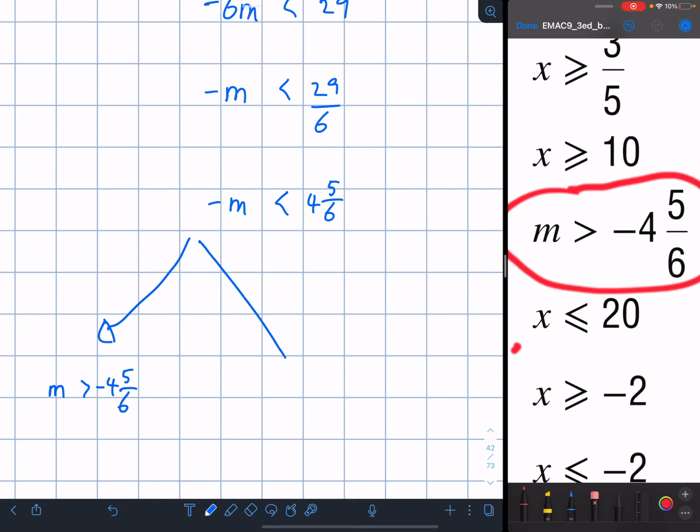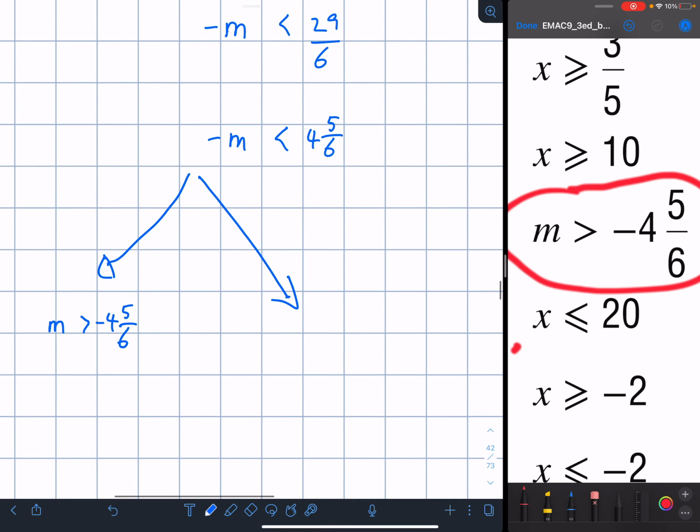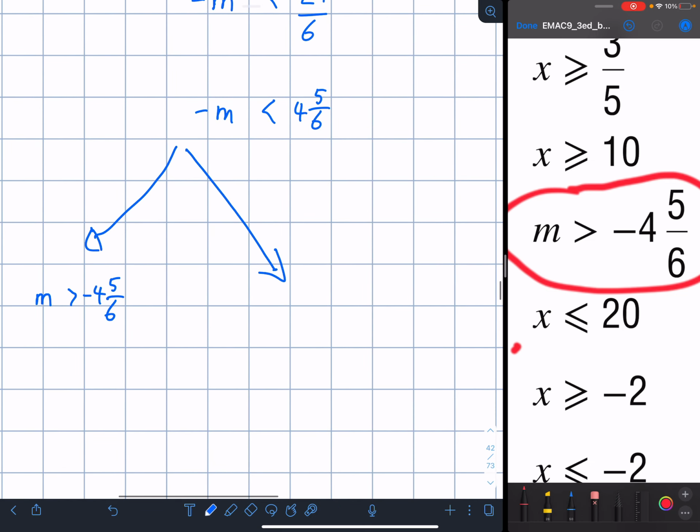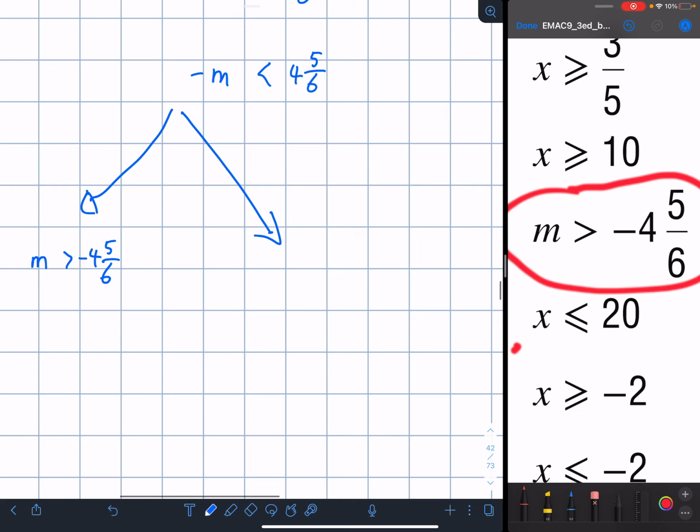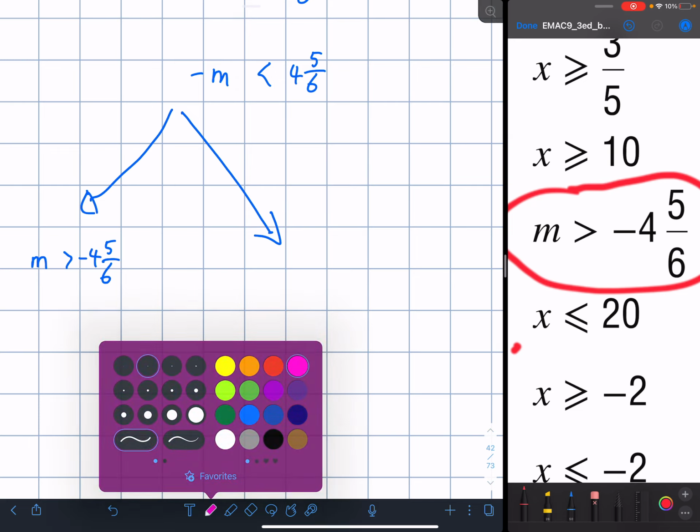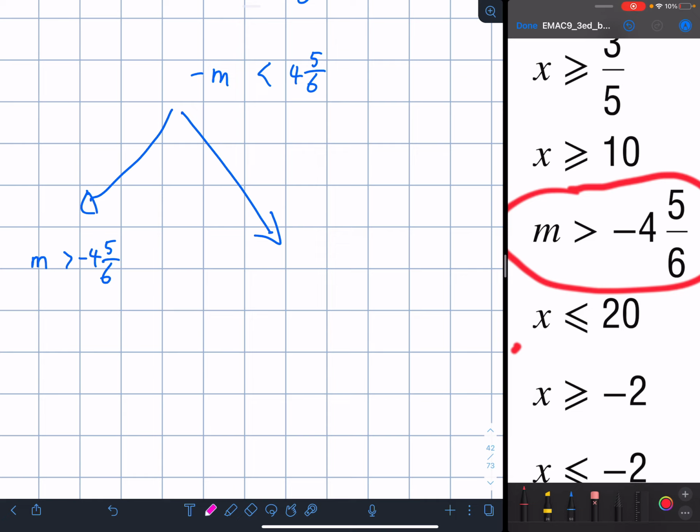If you want to do it the hardcore way, what we need to do is deal with the negative m, and then deal with the 4 and 5/6.